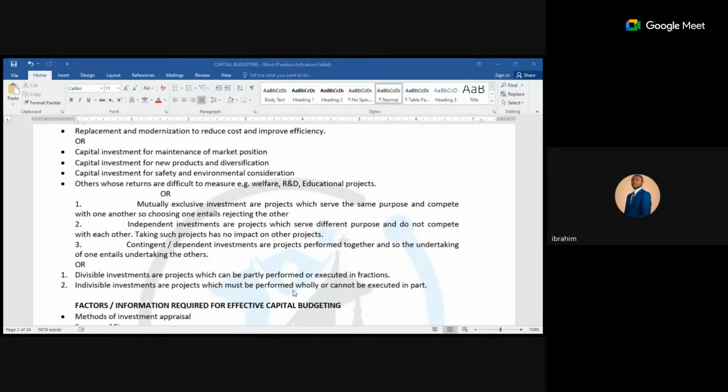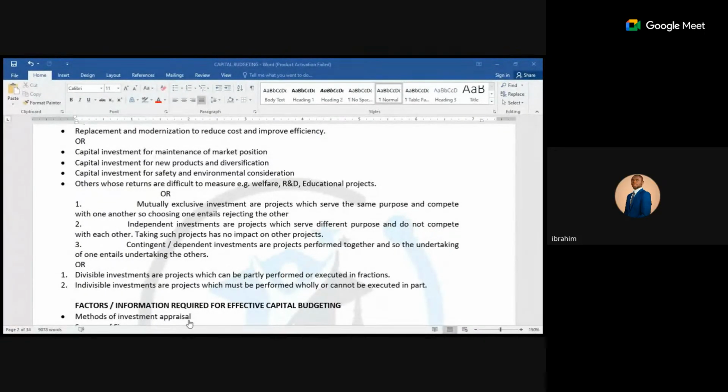Why will you have to do that? Because you don't have enough fund to finance the project. So when a project is divisible, it means you can take it in parts. If the project will cost you 100,000 and you have 50,000, you can just take 50% of the project. The remaining 50, maybe you take it next year. That is divisible. You can undertake it in parts.